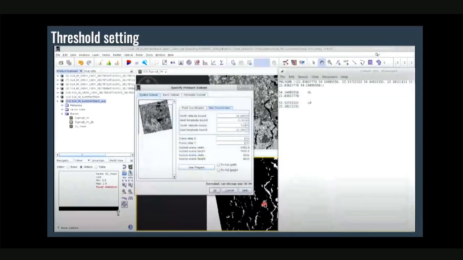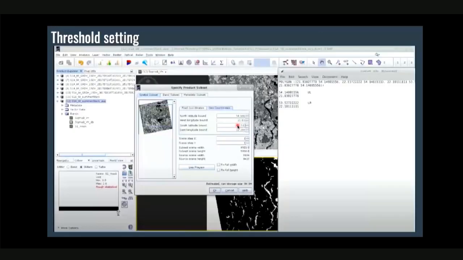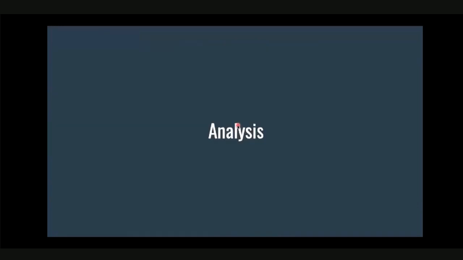At this point, we will do the subset so that we can have the same geographical coordinates as in the Sentinel-2. I will open the subset area, and then put in the coordinates that I have saved from the polygon of Sentinel-2, click OK, and then I will have that product. I will save that in GeoTIFF for further analysis, and then import both of these GeoTIFF files into QGIS.